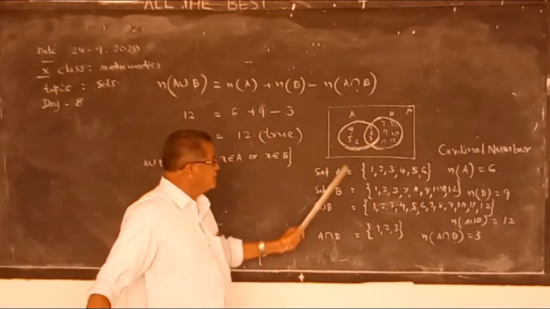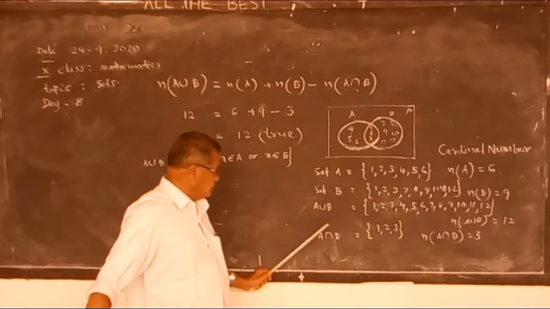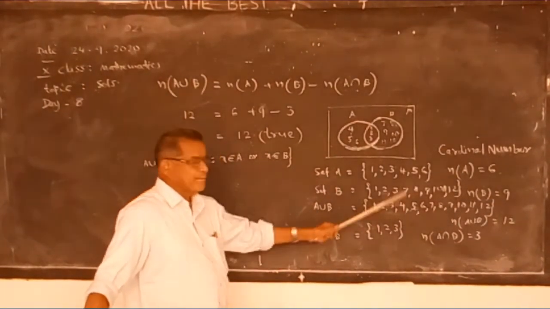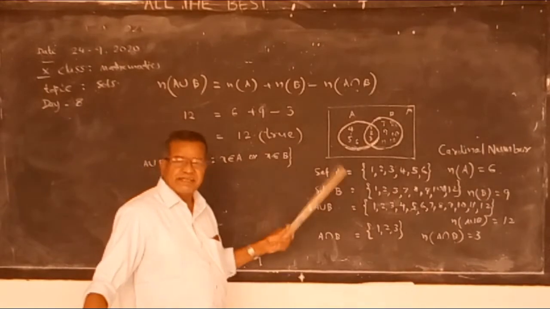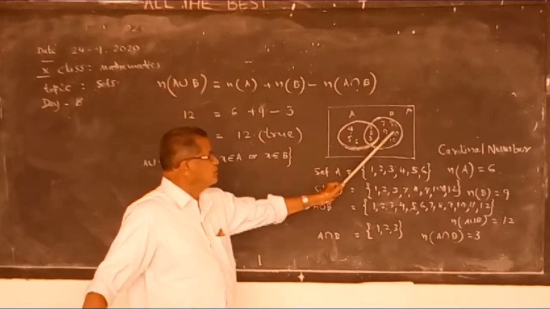To take any element of A union B, it must lie in set A or set B.